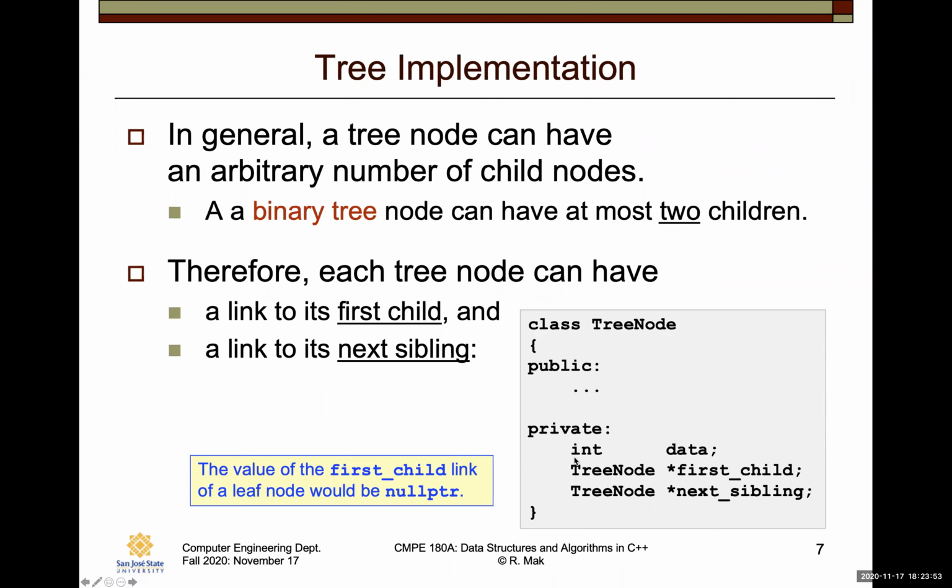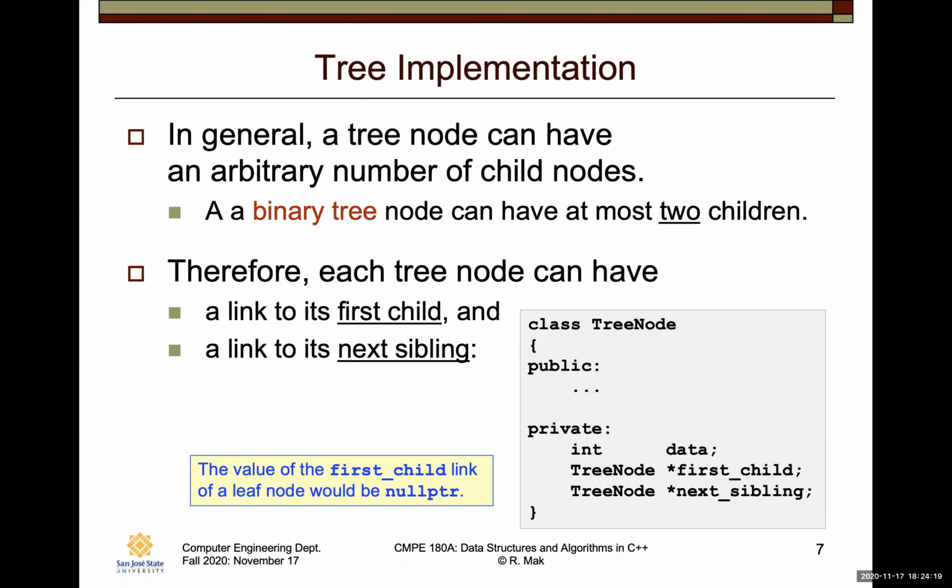A tree node has some data, and a pointer to its first child. Remember, the child itself is, of course, a tree node. And then each tree node has a pointer to its next sibling, the node to the right, that has the same parent, of course.